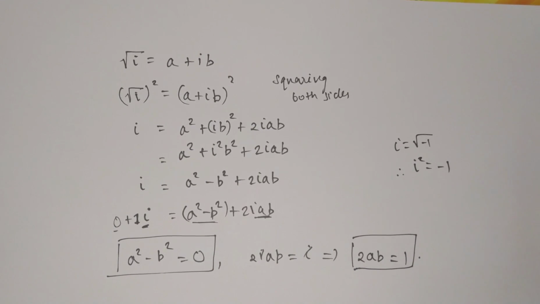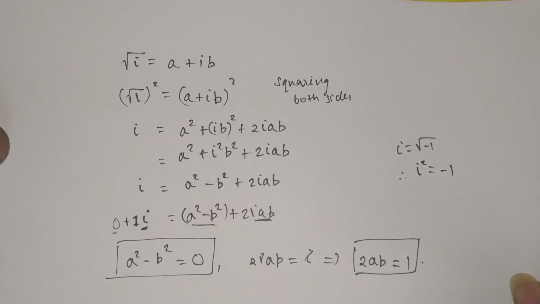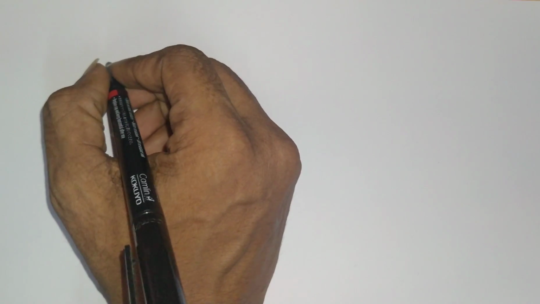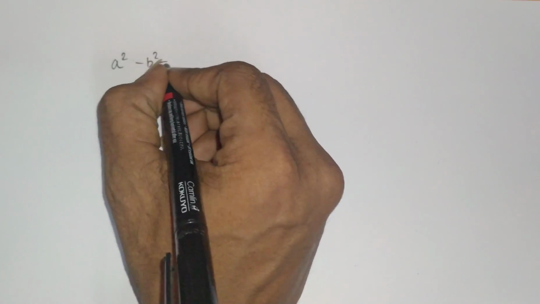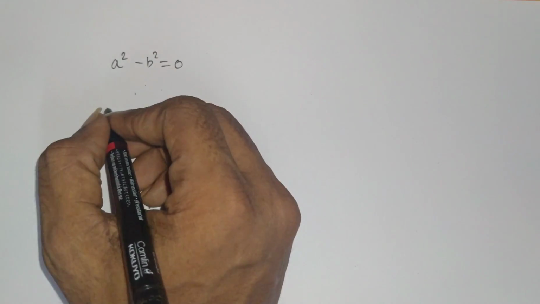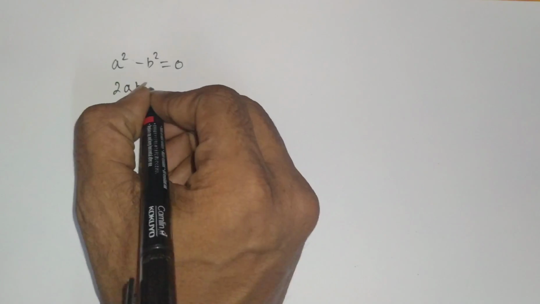How to solve? We have to find the relation between a and b and substitute a in terms of b. Let me switch paper. We know a squared minus b squared equals 0 and 2ab equals 1.